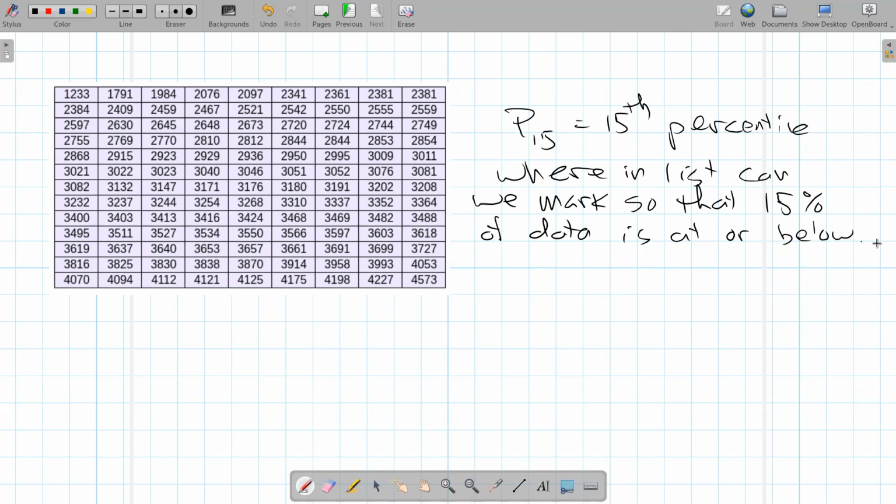All right, so to figure that out, I need to look at how many numbers in the list, and I was given that there were 117. So to figure out the location of the list, I need to find out what is 15% of 117. So 15% means 15 out of 100 times 117. So I got to do that calculation.